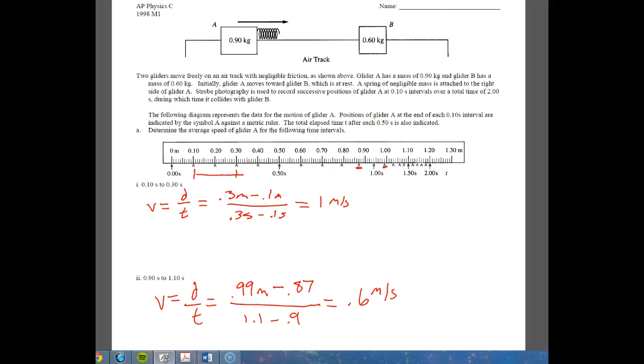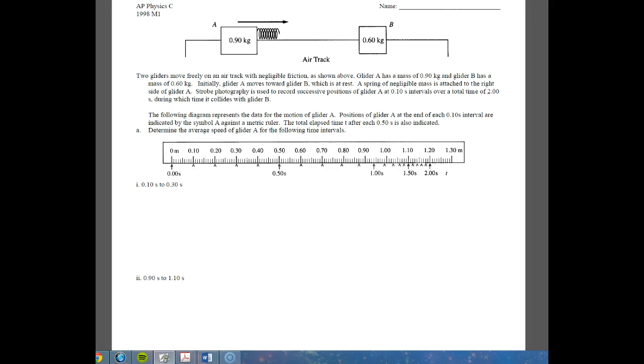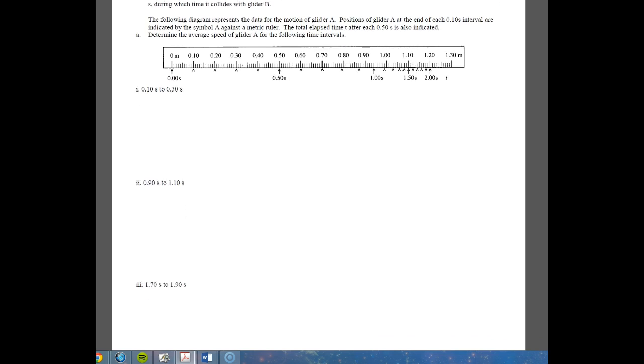For part 3, we're looking at the next instance here, and it's from 1.7 to 1.9. Here's 1.5, so 1.6, 1.7 would be this tick mark right here, and then 1.9 would be this tick mark right here. So you can see that it's really decelerated a bunch. Again, the average speed is equal to the change in position, or the distance divided by the time.